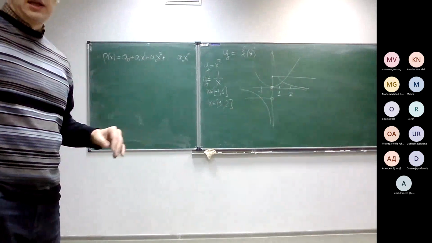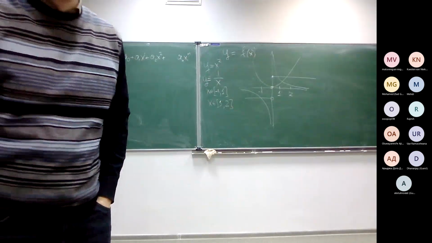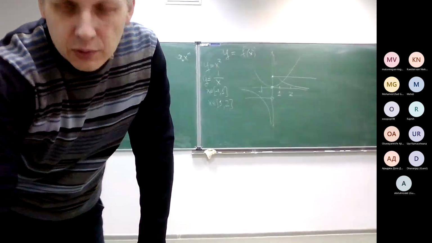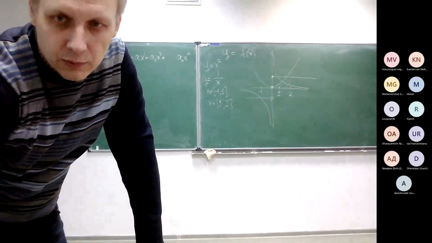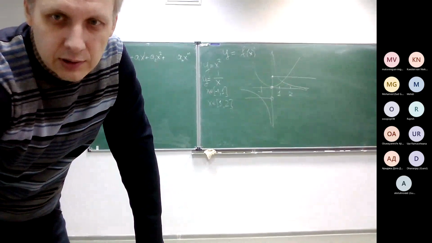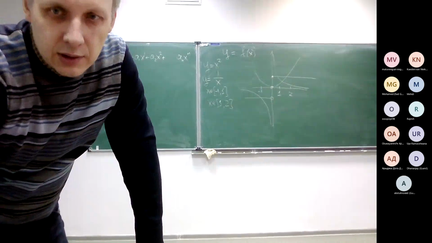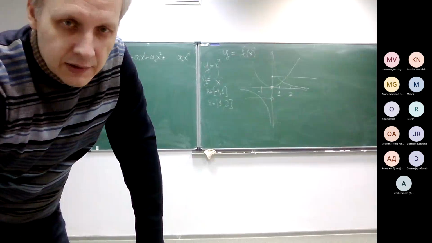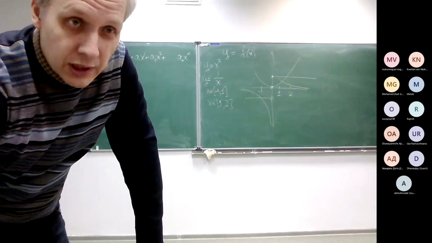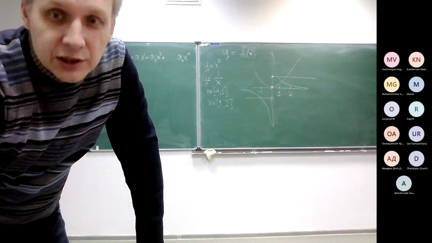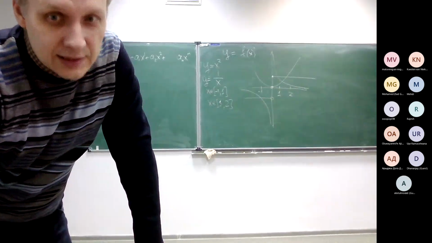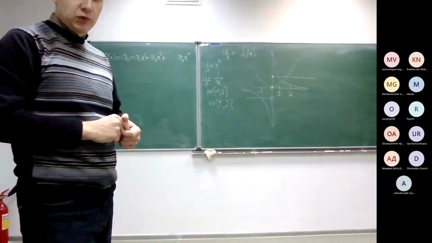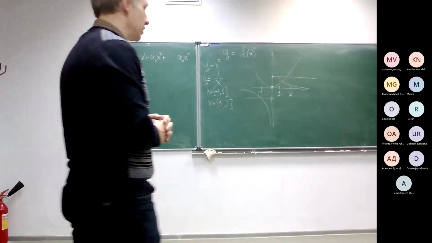Well, what other classes of functions? You can write your answers in chat if you don't have a microphone or have some problems with sound. Fractions, yes, it's another example, but it's not so important. Trigonometric functions, yes, these functions also are very important, and we will use them very often.